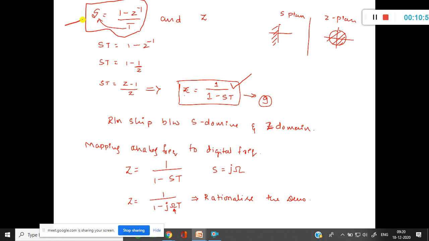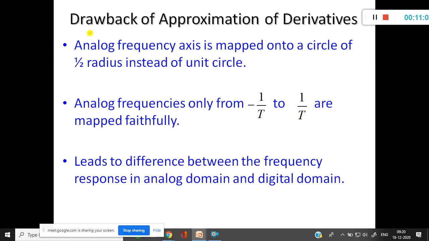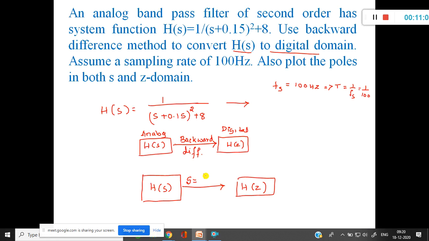That is this equation. Replace s by 1 minus z inverse divided by T. Wherever you find s, replace it with 1 minus z inverse divided by T. He has given you the sampling frequency, 100 hertz or 100 cycles per second, so 1 by T is equal to 100, and directly I can put it here.